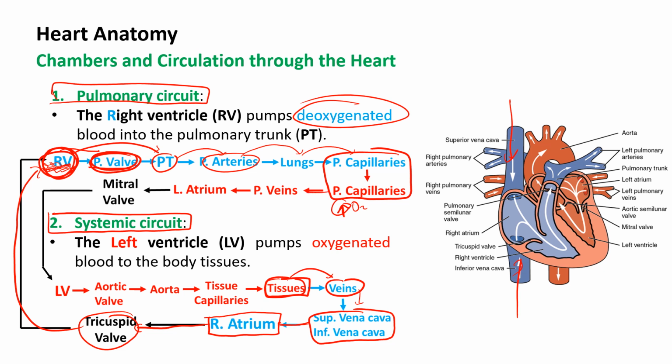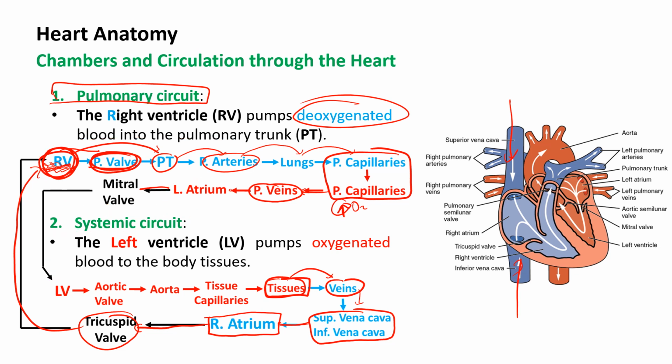The blood goes from the lungs through the pulmonary veins and will reach the heart, specifically the left atrium. From the left atrium, it then goes to the left ventricle. So from the right ventricle to the left atrium, that is what we call the pulmonary circuit.